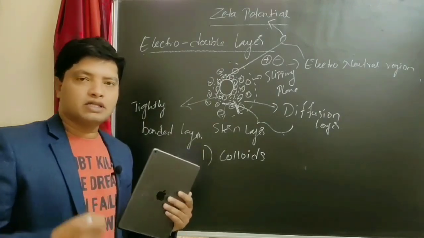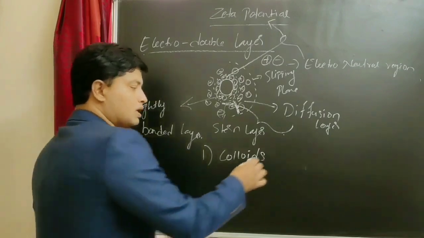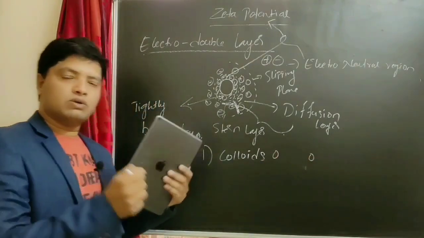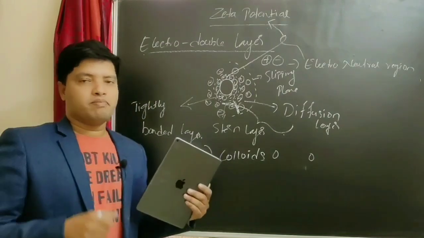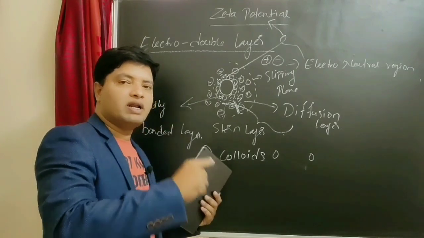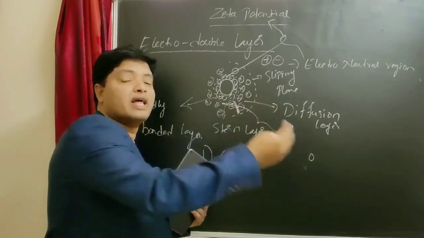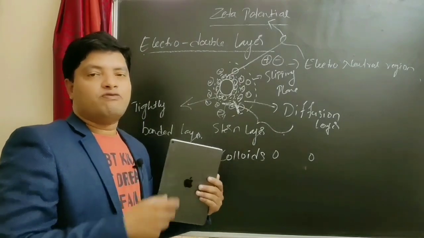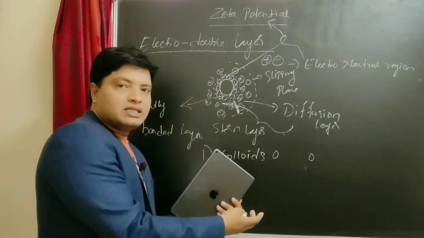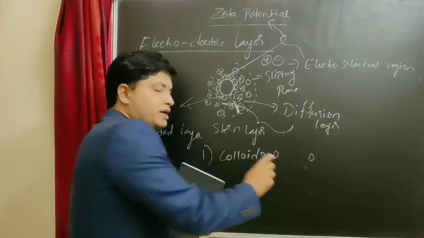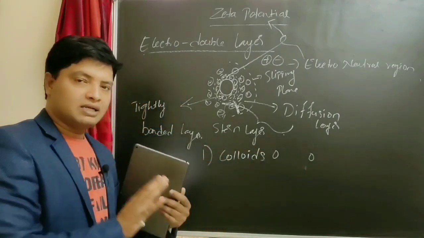If you want nanoparticles to be stable, assume this is a nanoparticle and this is another nanoparticle, you don't want these two particles to come close and form aggregates, because then the aggregate will have a particle size more than the nano range, hence we don't call it a nanoparticle. For particles to be called nanoparticles, they should be in the nano range. So I want these two particles to be in the nano range and separate.